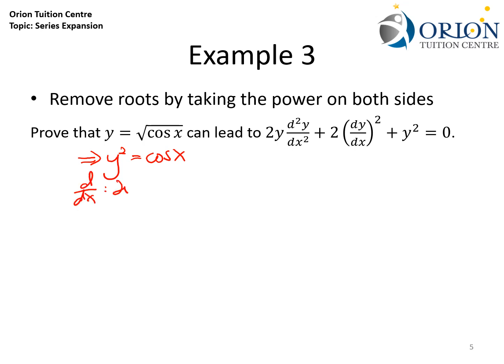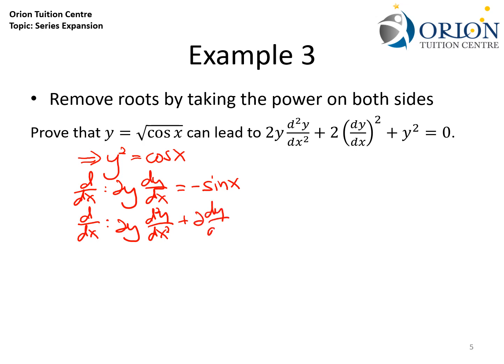And this gives me 2y dy/dx equals negative sin x. Let's differentiate it again. I will get 2y d²y/dx² plus 2 dy/dx times dy/dx equals negative cos x. And note that cos x can be changed into y² since we know that y² equals cos x.